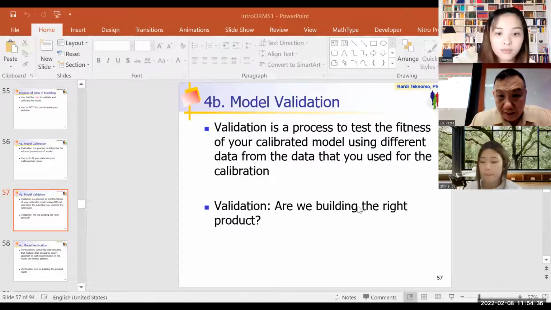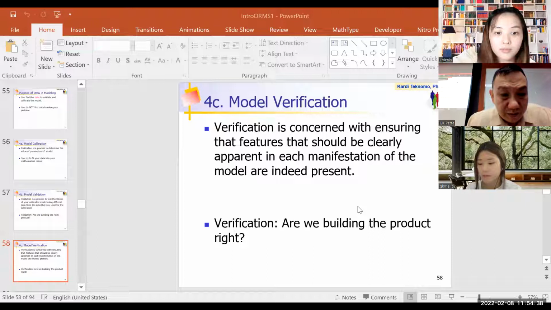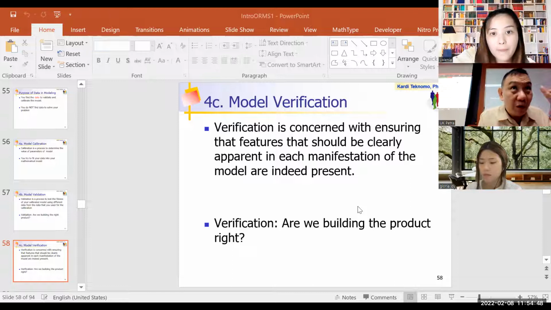Okay. Next is model verification. Look, step 1, step 2, model calibration, model validation, you can use computer. You just input the model, you run the program, it runs for you, and then it will give you accuracy, how many percent.